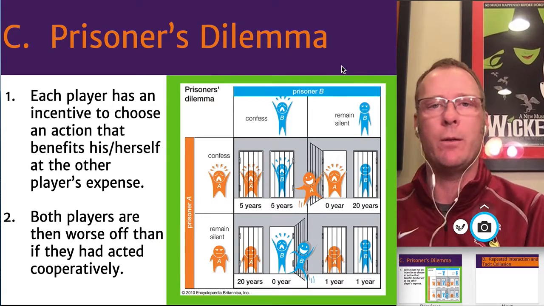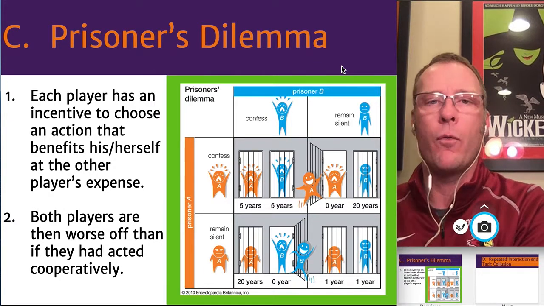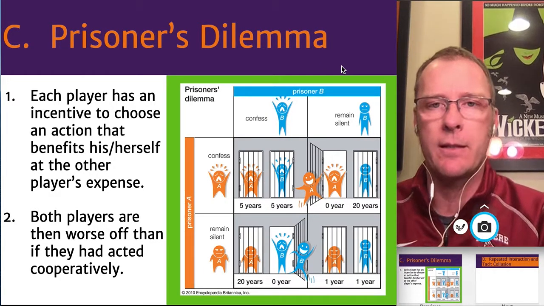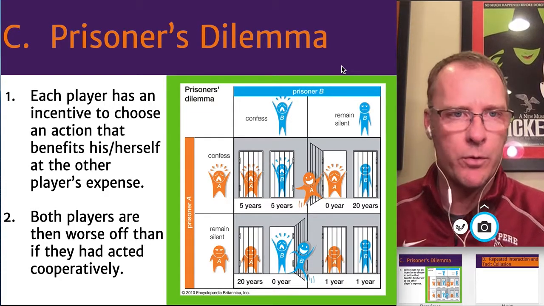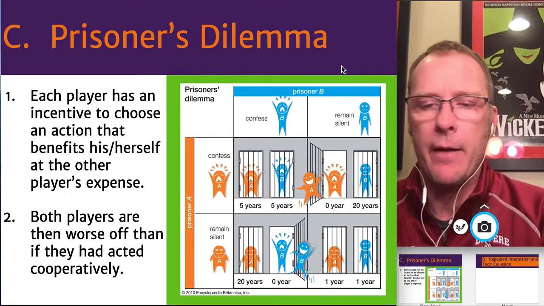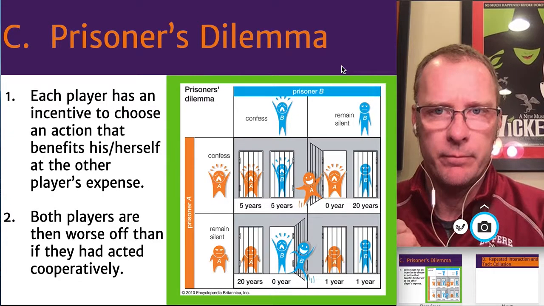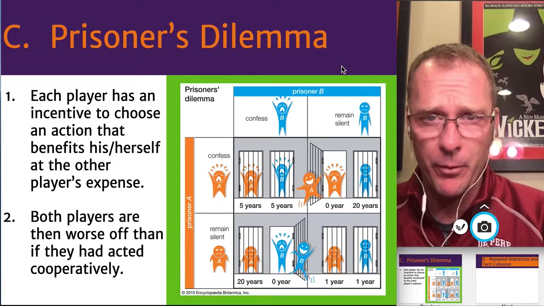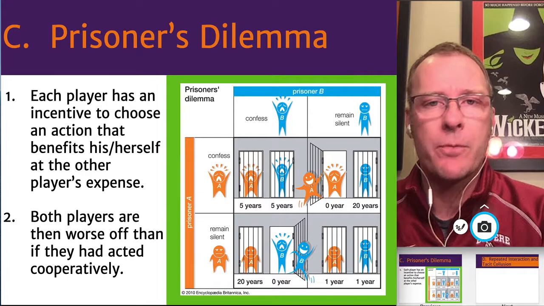Even if it's 1 unit, it doesn't matter if the other one would be 20 units. If you can't get over there because this person made this choice in this column, then you're stuck between the two that you have in your rows. Not going to be the best for them, obviously. If they would have remained silent in this case, they both would have got 1 year, which would have been better off, but that's the way it goes.